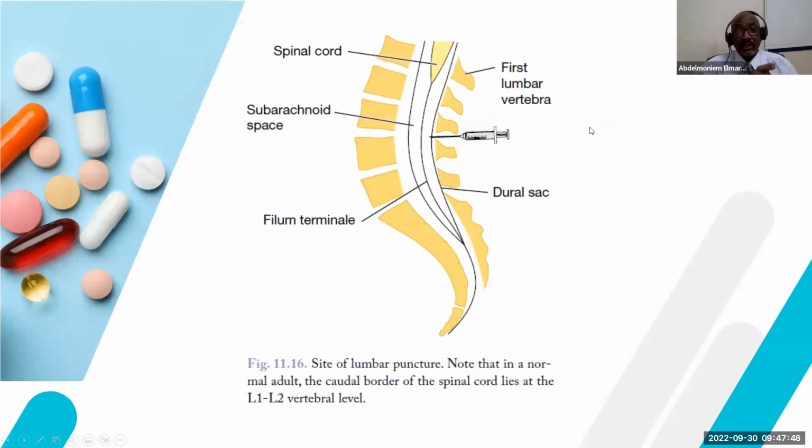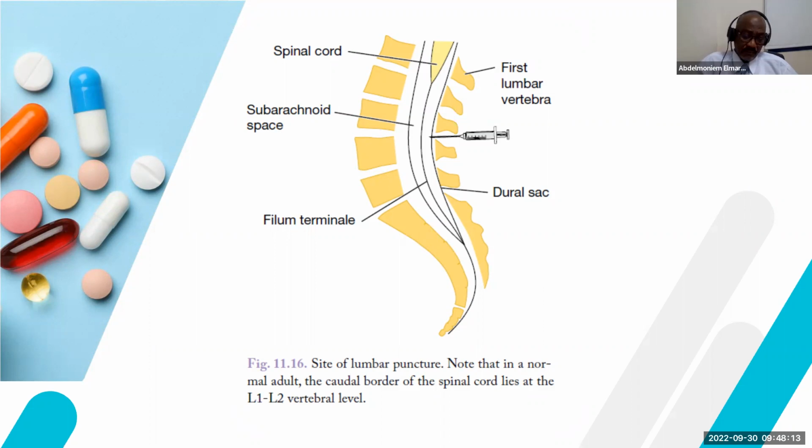Now, one important issue: the CSF is found in the subarachnoid space of the brain, but also around the spinal cord. If you need to take a sample of that fluid, you take it between the fourth and fifth, or the third and fourth lumbar vertebrae posteriorly.